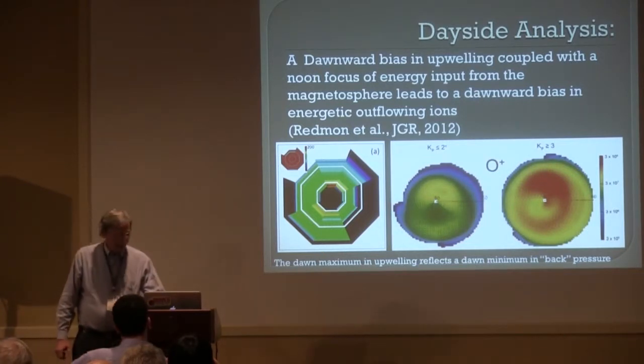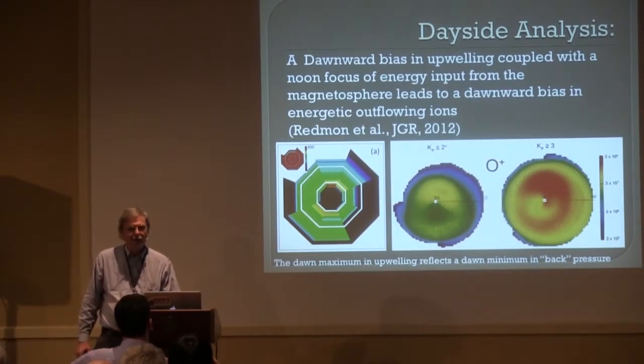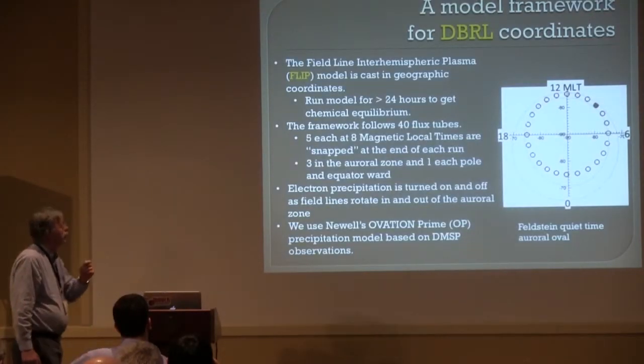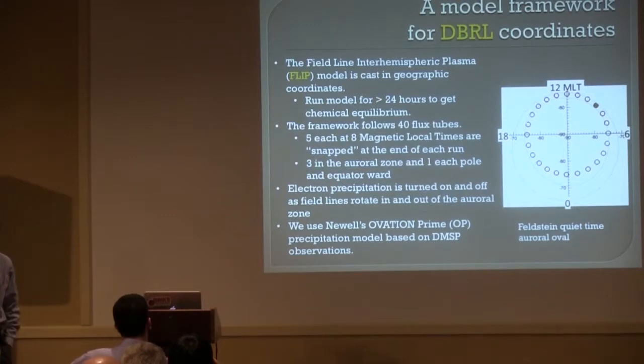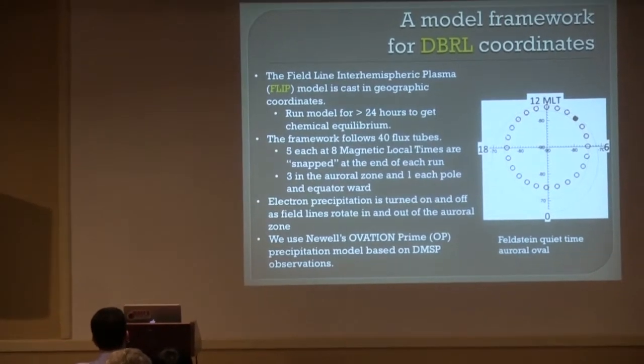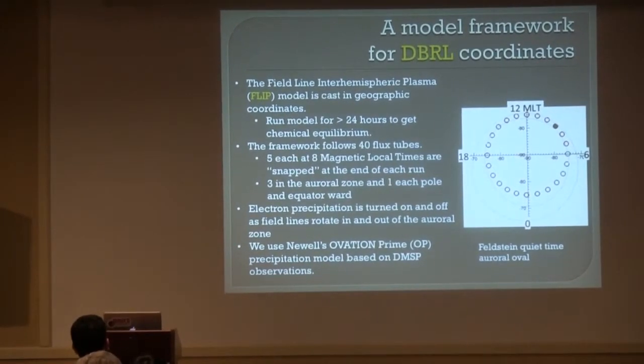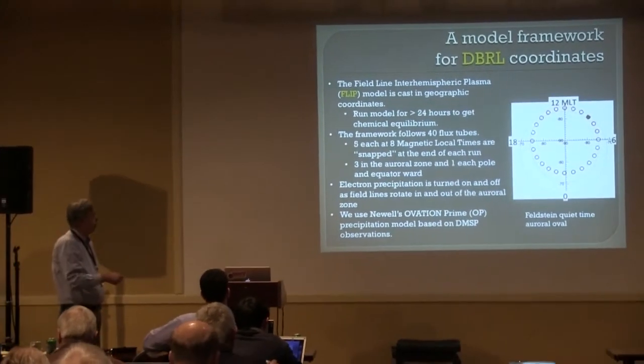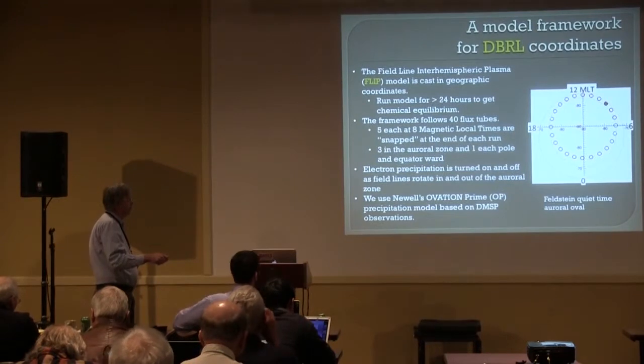Well, we didn't want to let him get off this easy, so we said, well, why don't you try a model? And we didn't want to do a big model, so we coordinated ourselves with Phil Richards, who has a field line interhemispheric plasma model that's not unlike what Schunk talked about today. It's a two-stream model that basically has been around for a long time. And what we do is we follow 40 flux tubes, not 1,000. We put three in the aurora.